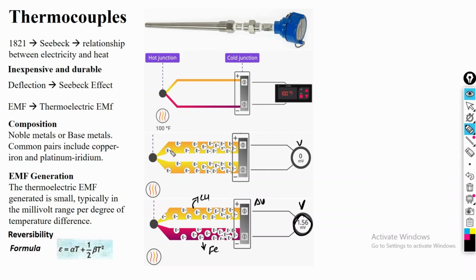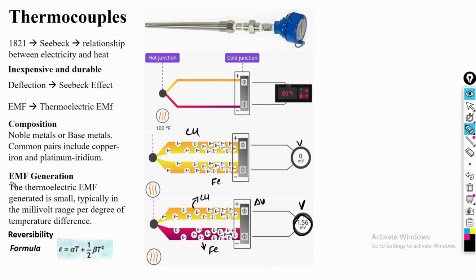The metals from which the thermocouple is made are copper-iron or platinum-iridium pairs. The copper and iron pair is the most common, and similarly the platinum and iridium pair is common for making a thermocouple.